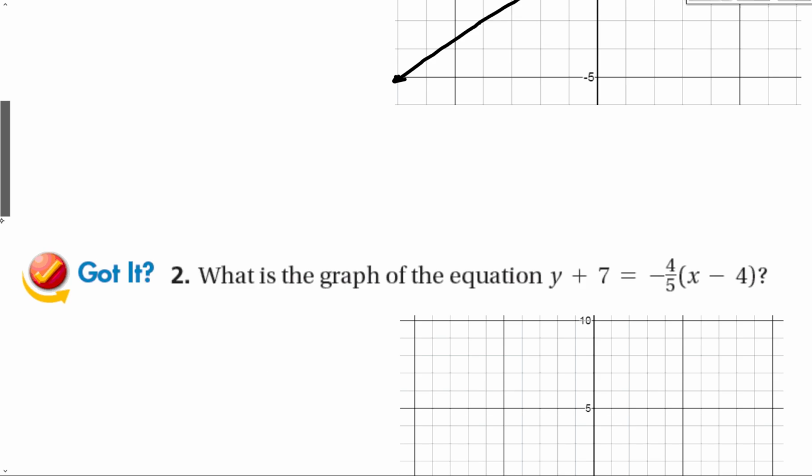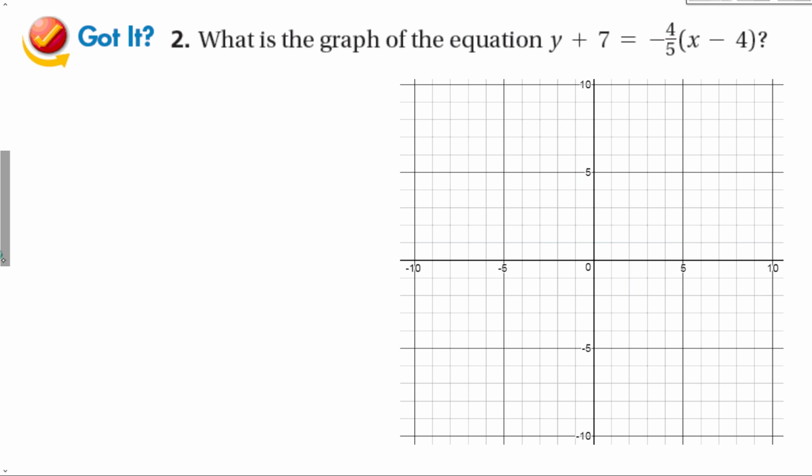Let's look at a got it problem. What is the graph of the equation y plus 7 is equal to negative 4/5 times x minus 4? Now I could go through the trouble of changing this to slope-intercept form, which I don't because it looks like too much trouble, and I'm going to get a fraction. So I'm going to stick with the same method.